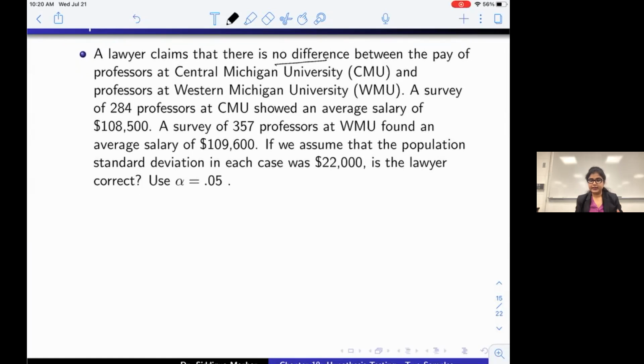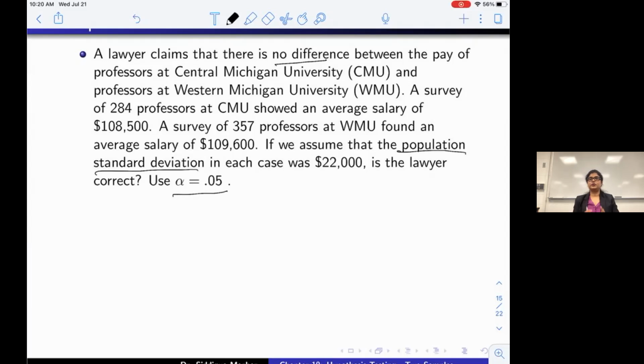A survey of 357 professors at Western Michigan University found an average salary of $109,600. If we assume that the population standard deviation, which is now given, in each case was $22,000, is the lawyer's claim correct with an alpha value of 0.05?